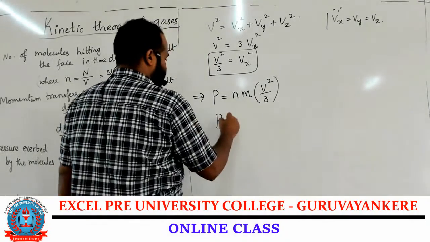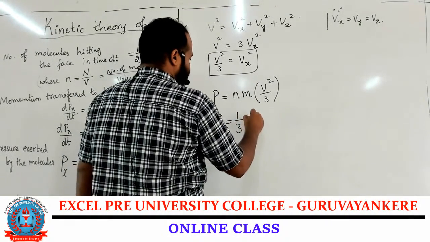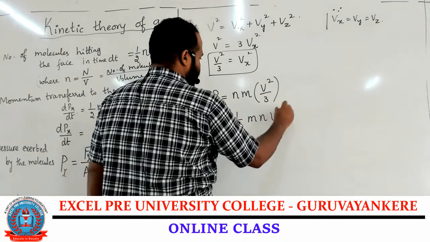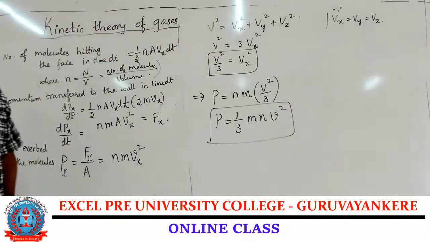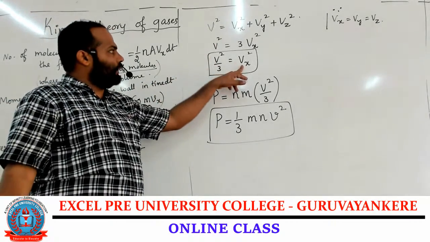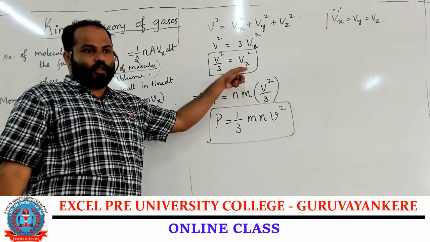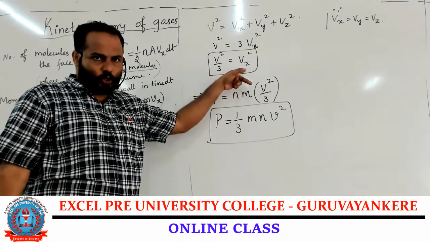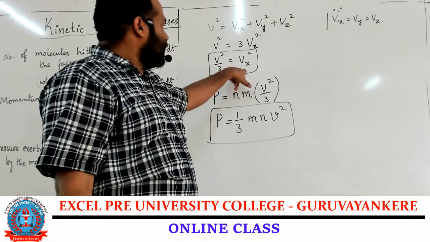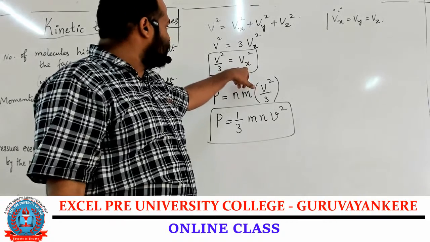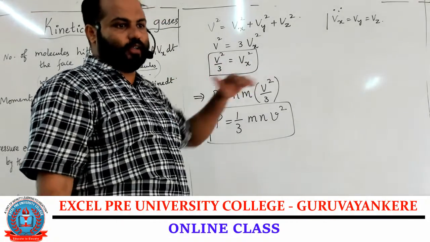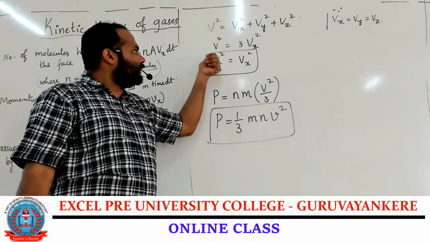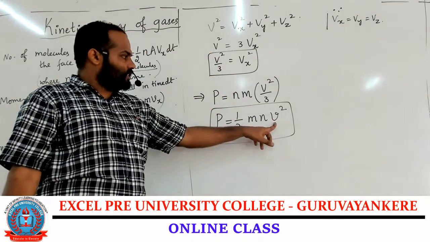So the pressure exerted by the gas is 1 by 3 m n V square. So you are averaging the speed. The velocity of the gas molecules in the x direction will be only 1/3 component. You are making it uniform, 1/3 of the total velocity is substituted.